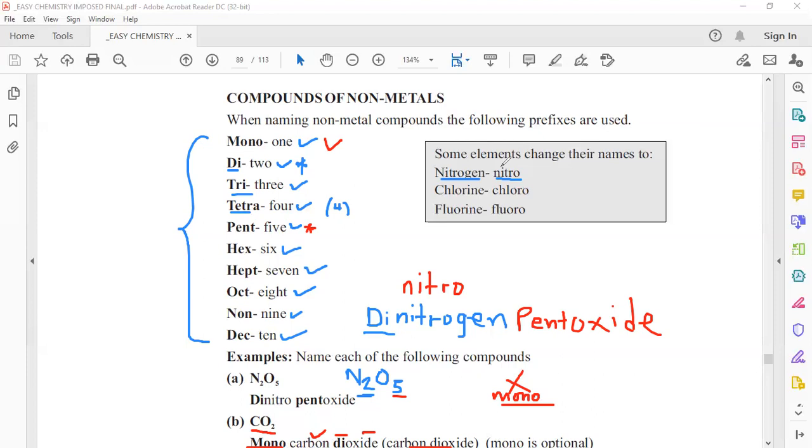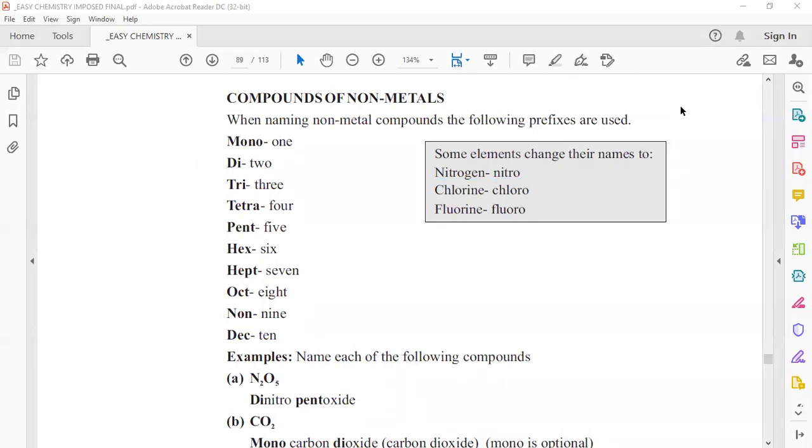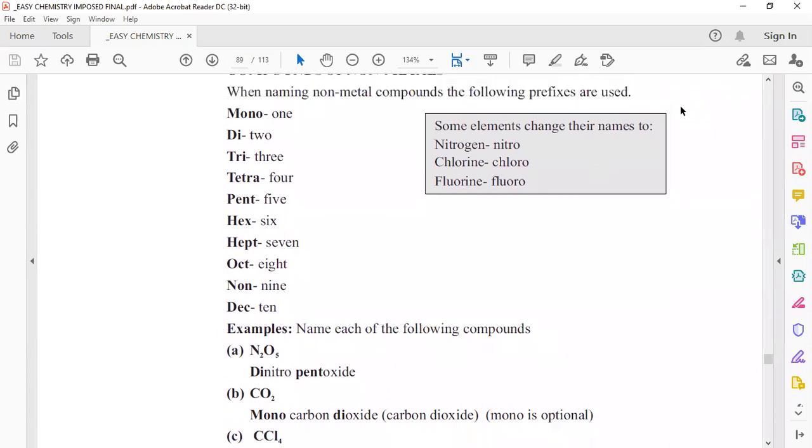We can look at more examples on this. Let me try to scroll down. So we have CCl4. CCl4 means that you have one carbon. You can say a mono, which we said is not necessary, so we can just say carbon.